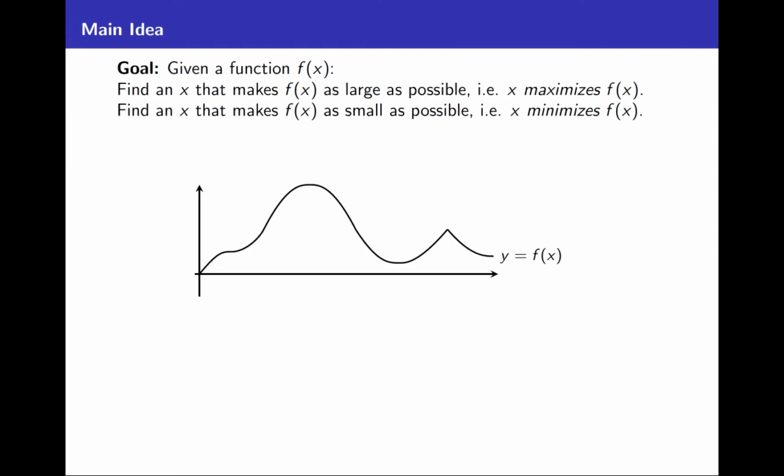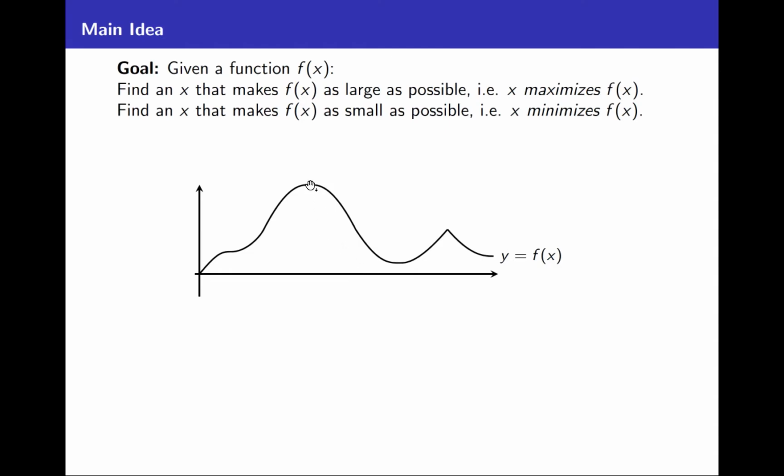I'll illustrate this with a picture. Here's a function f defined for positive real numbers. That's its domain, positive real numbers. And you can see that it has a local maximum here, another local maximum here, and a local minimum here. But imagine you wanted to find a value of x that makes f as big as it can possibly get.